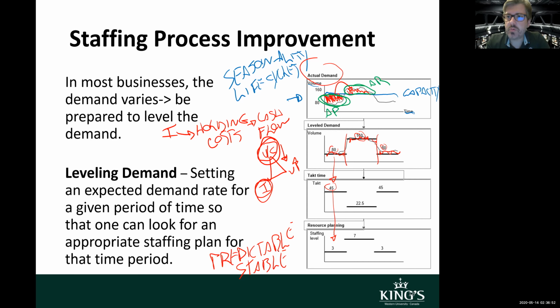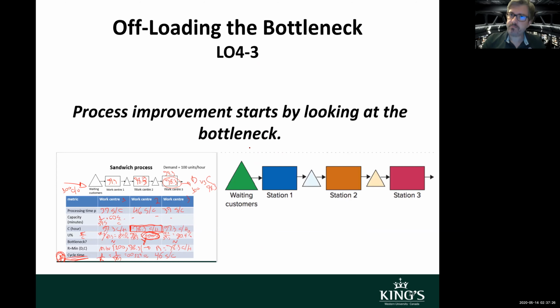A stable process, a steady state process, steady state means it's easy to manage. And that's what you want in operations management. You want to be able to focus on process improvement and research and development and other things, as opposed to putting out fires in your operation. So leveling of demand is one aspect.